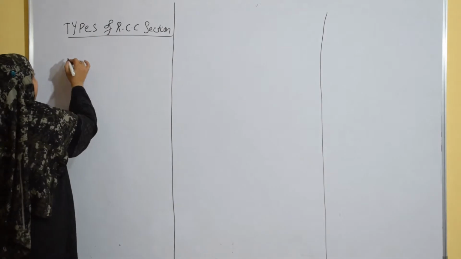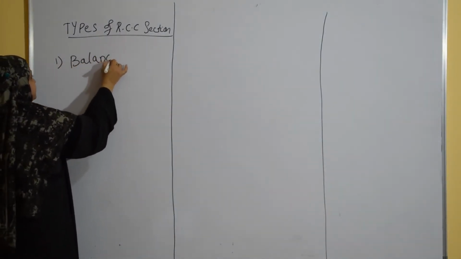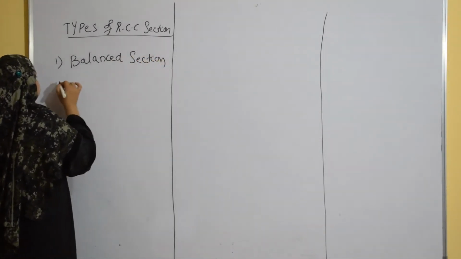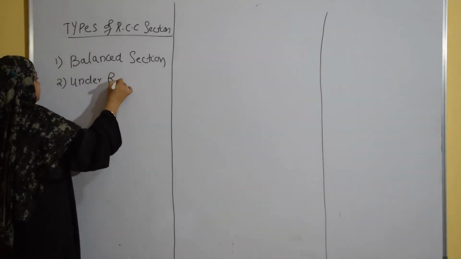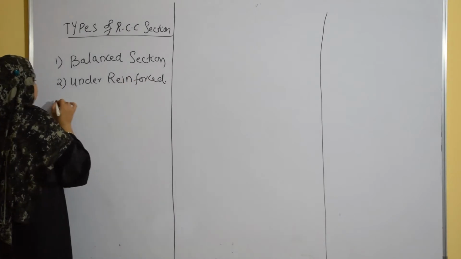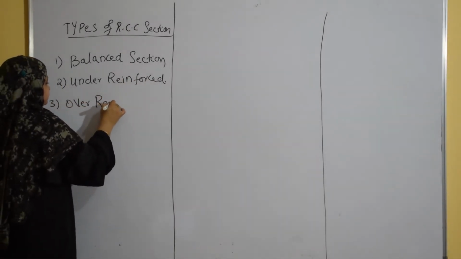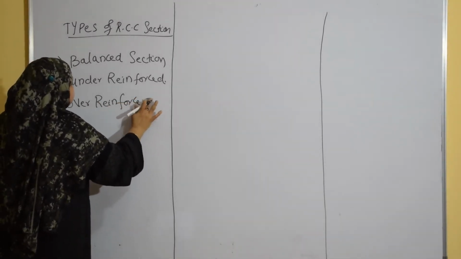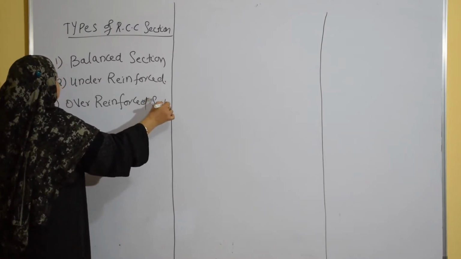One is balanced section. Second is under reinforced section. And third one is over reinforced section. This is based on the amount of steel in the section.